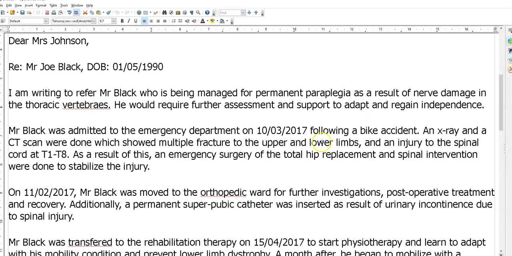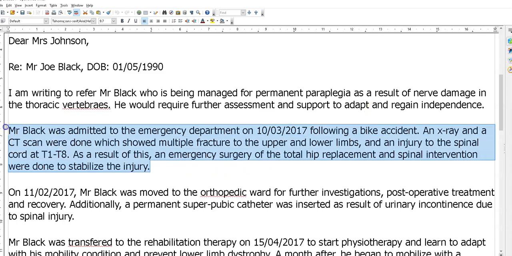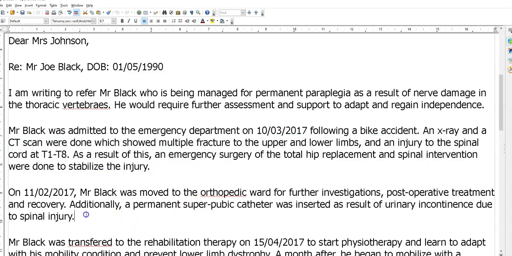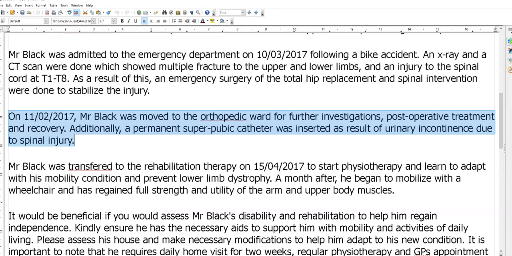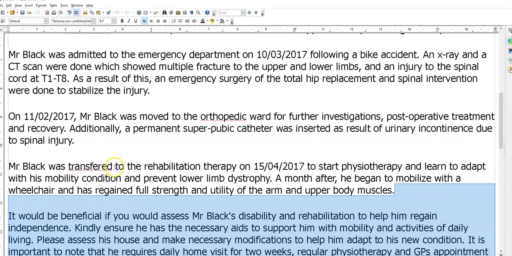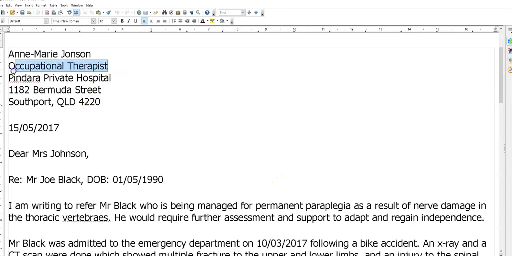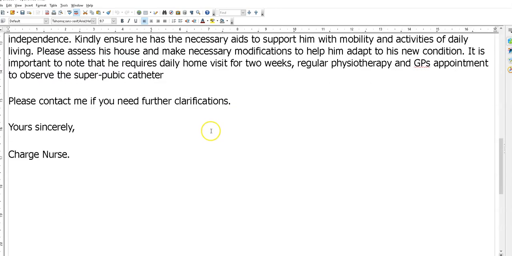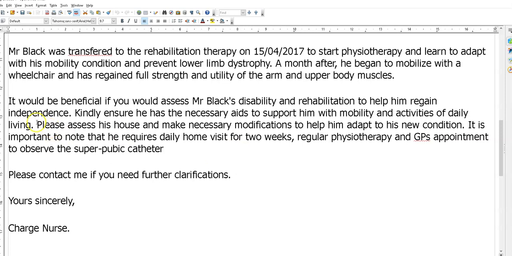So, I don't need all this detail. Don't need it. That's what the examiners would say. I'm the occupational therapist, and you want me to sort this guy's house out for when he's going home.